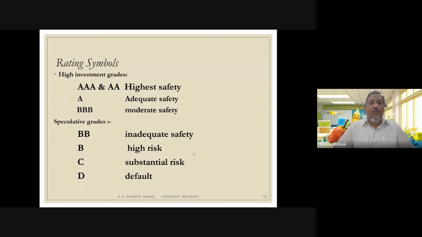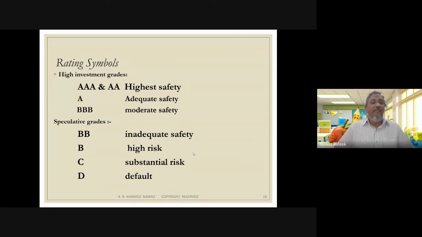That means you can go ahead with the investment or lending, but take additional precautions because there is slightly more risk. That's why it is given single A.